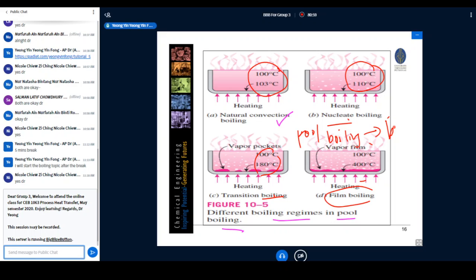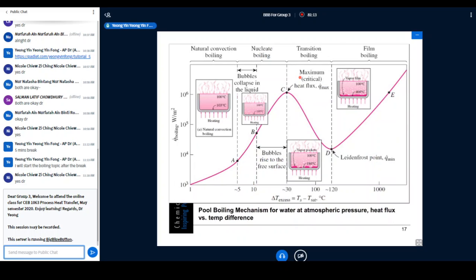Let us see the boiling curve. Don't be afraid, students. This boiling curve is actually quite clear. Let me explain to you all. As I mentioned just now, there are a total of four types of boiling regions in the boiling curve: natural, nucleate, transition, and film boiling.